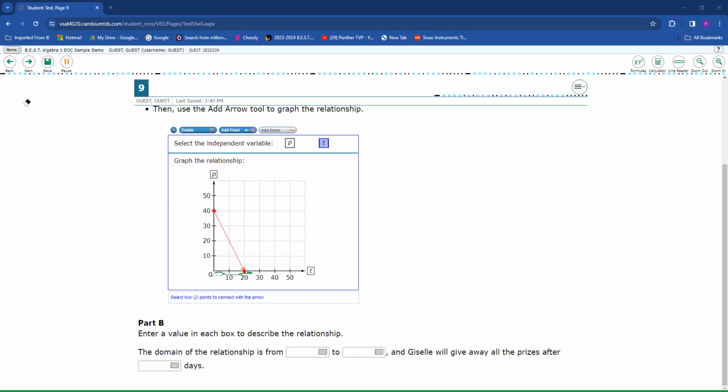Okay, so let's type it. The domain, the time, is from 0, of course. Your starting time is 0 to 20 days, right? And she will give away all the prizes after 20 days. In 20 days, she's going to get rid of 40 prizes because she gives 2 per day. Okay, great. So next.